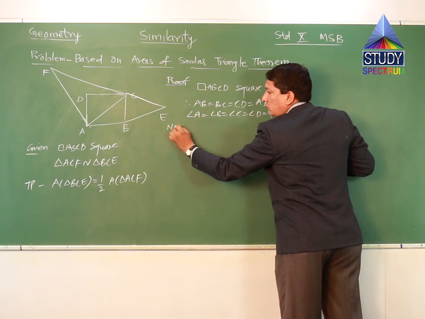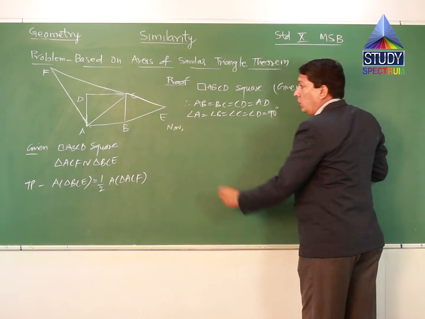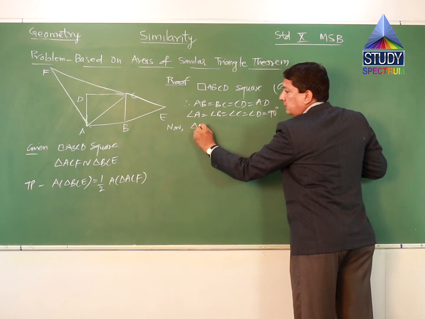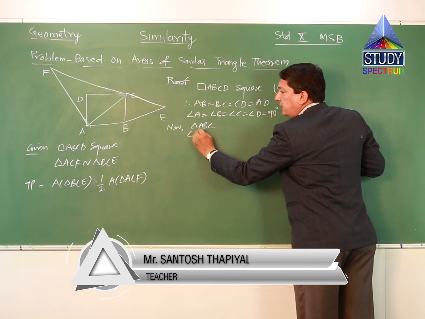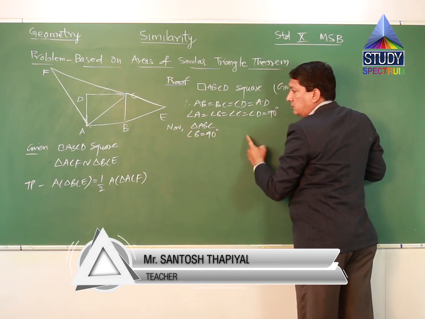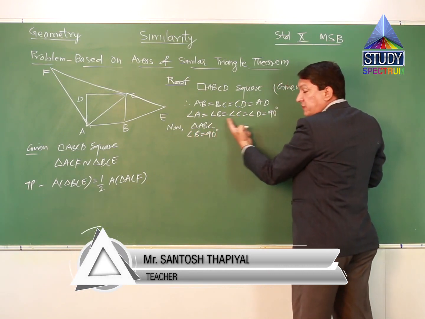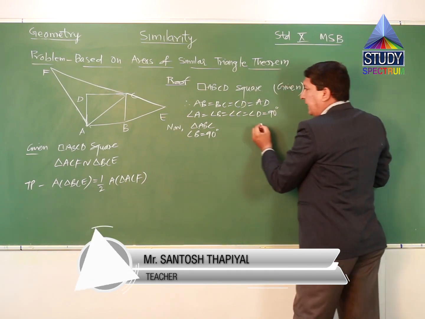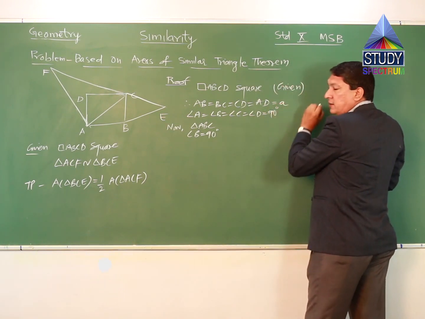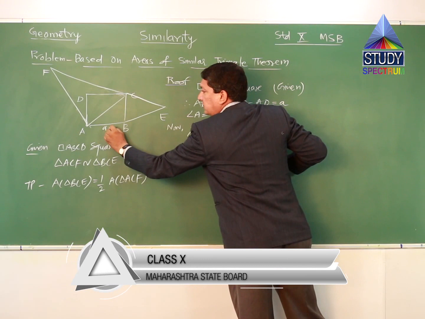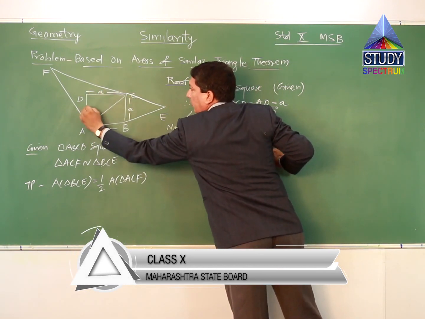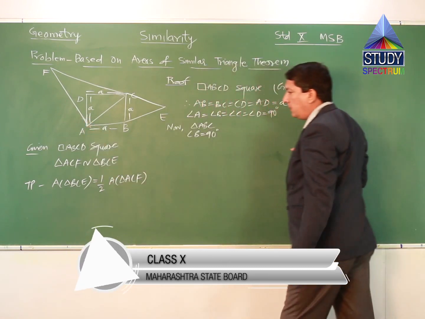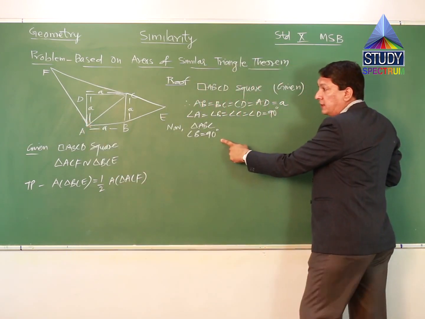Now, look at triangle ABC. In triangle ABC, angle B is 90 degrees. Just now we have mentioned this. Now if I take each side as small a, this means AB becomes a, BC also becomes a. Angle B is 90 degrees in triangle ABC.